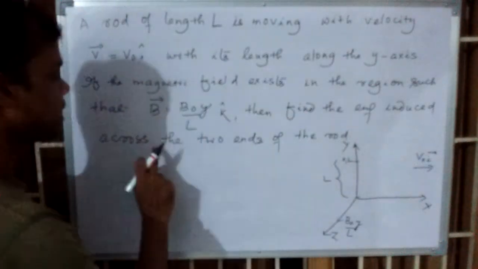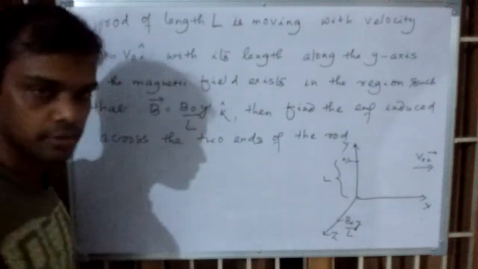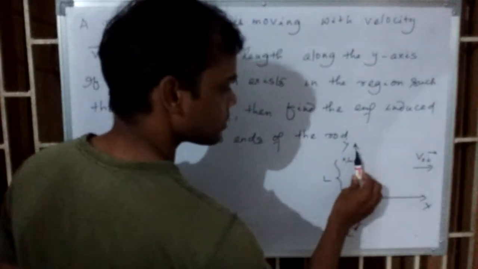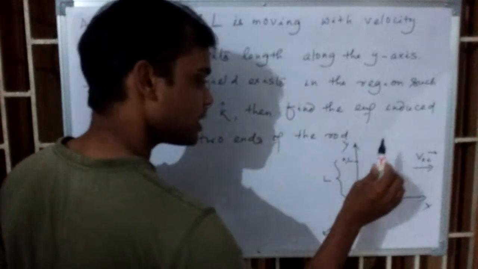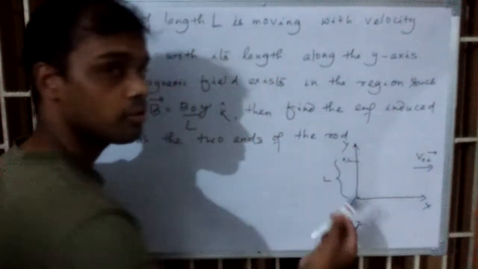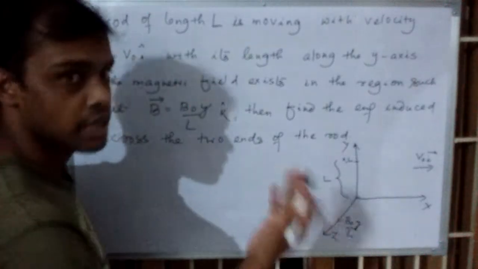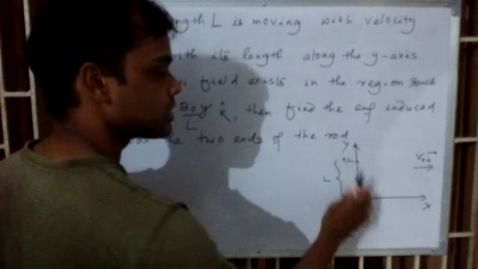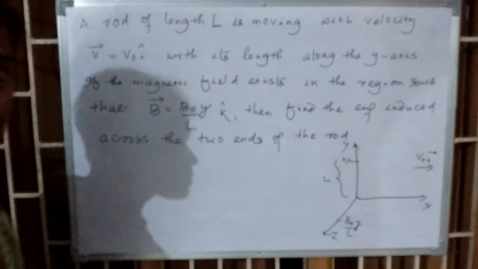Then find the EMF induced across the two ends of the rod. If the rod moves like this, it is already inside a magnetic field and it is moving, so there will obviously be motional EMF induced across the two ends of the rod. You have to find that EMF.